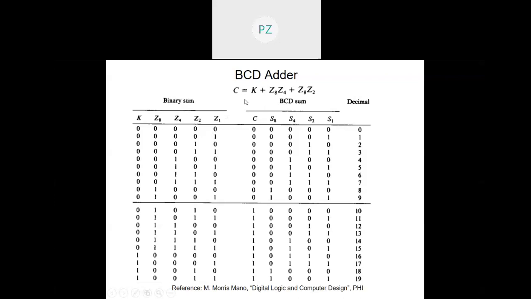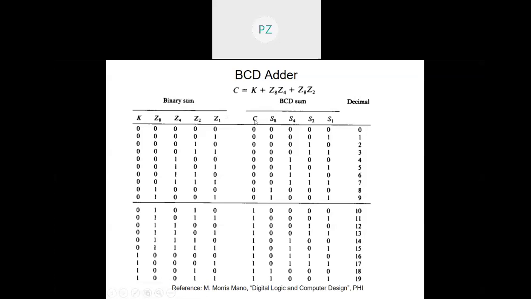So 9 plus 9 is 18, and if there is a carry from some previous stage, that will add up to 19. So the maximum value that I can get is 19. 19 in binary would have been 10011, but the BCD sum should be 1 and 9, right? 1 1001, right? So this is how a BCD adder should behave.